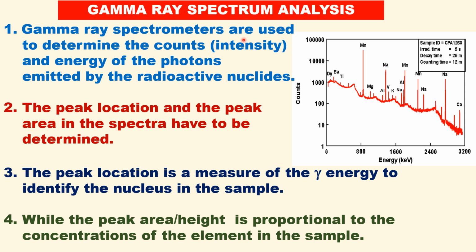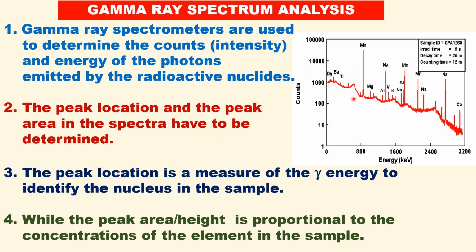Gamma ray spectrometers are used to determine the number of counts, intensity, and energy of the photons emitted by the radioactive nucleus. The peak position and the peak area or peak height in the spectra have to be determined.